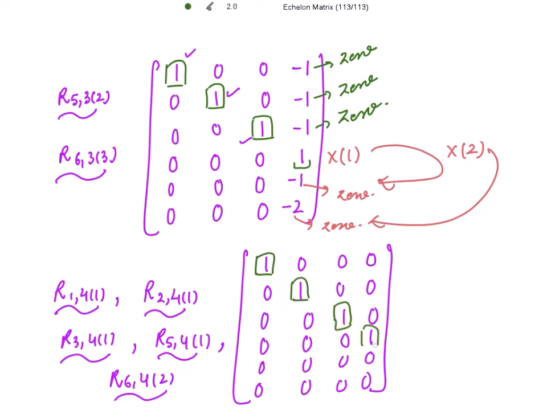And now this also becomes the leading element for the 4th row. Okay, so we are getting this as our echelon matrix. And how many non-zero rows am I having? These 4 rows, right? The non-zero rows.